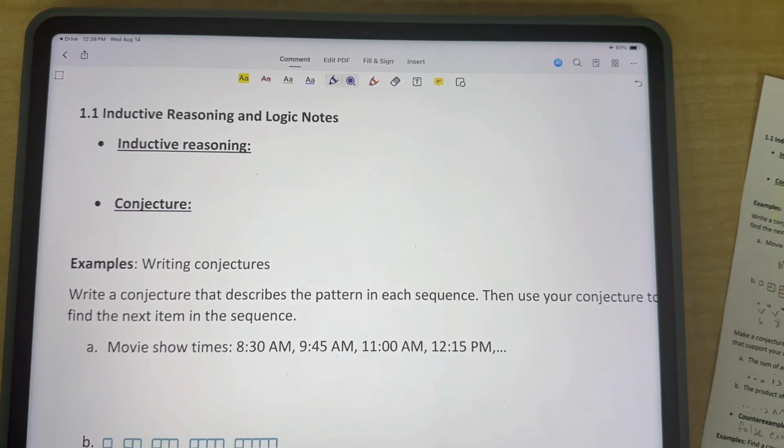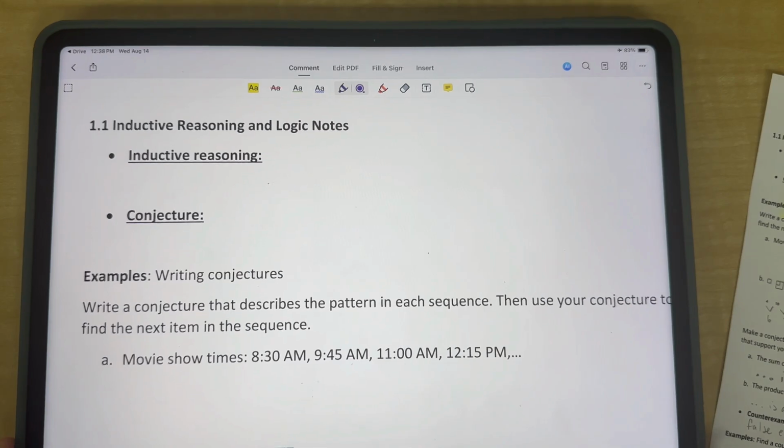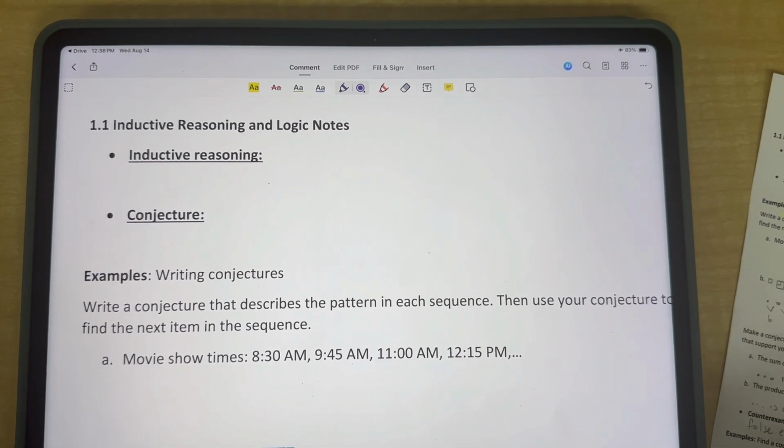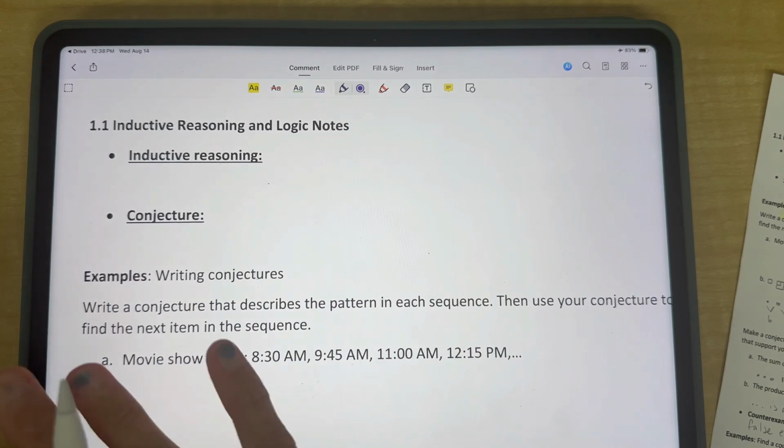Inductive reasoning and logic notes 1.1. What is inductive reasoning? You might need to write a little small for this, so everything fits.